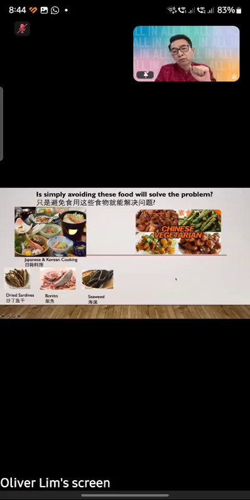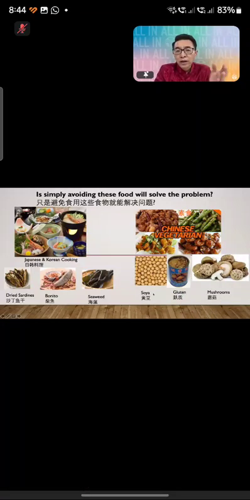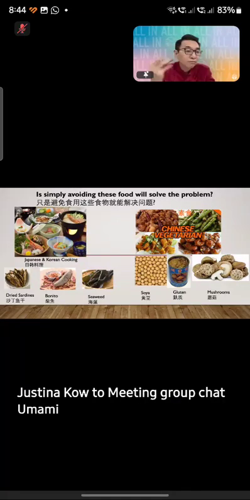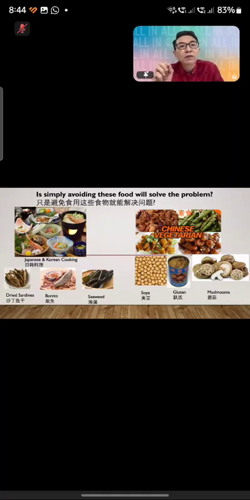Chinese vegetarian food, soya, gluten, mushroom, also kena. Okay, so have anyone heard of the word umami? Anyone heard of the umami? The word umami is derived from high purine food.